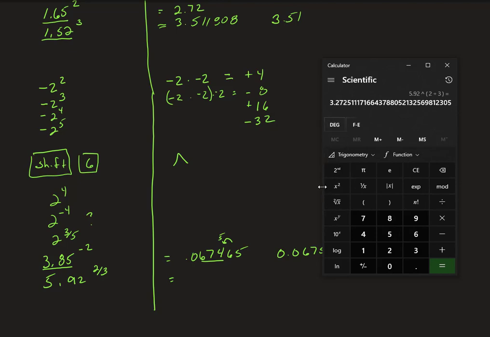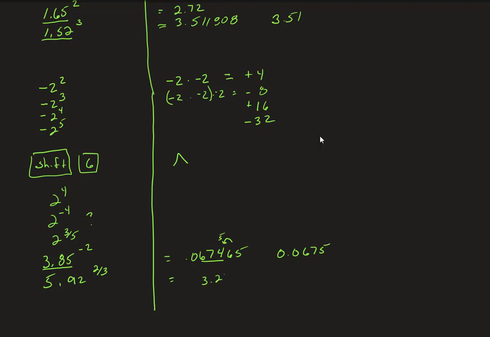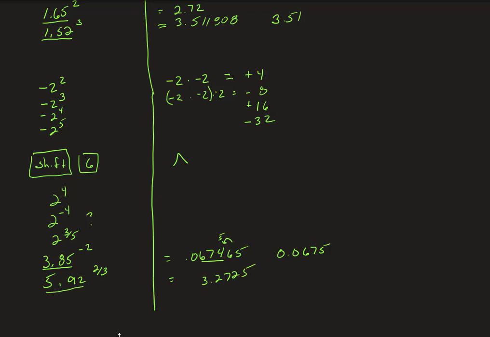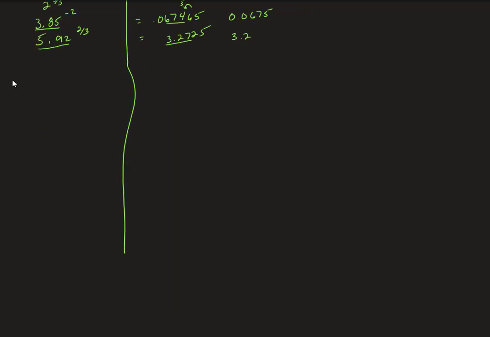And we come up with 3.2725. We have 3 significant figures here. We need 3 significant figures here. And so we end up with 3.27.